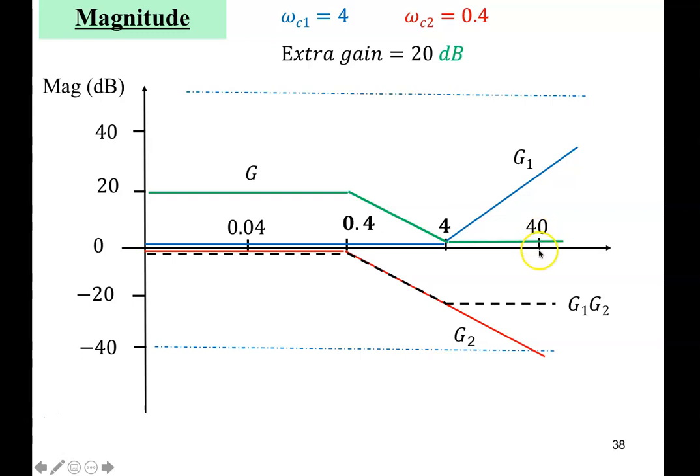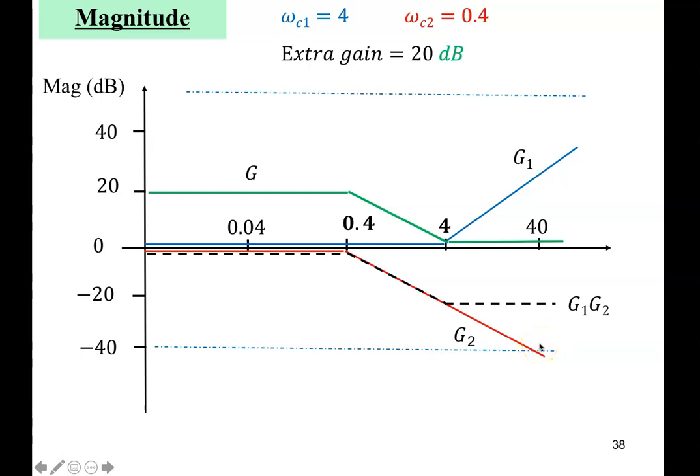Afterwards, if I go to the next division, G1 is positive 20. G2 will become negative 40 because at 4 it is minus 20. So at 40, because that continues to come down, it will be minus 40.